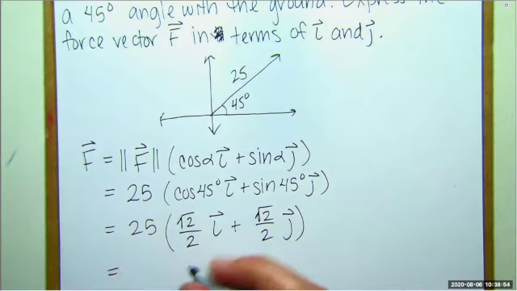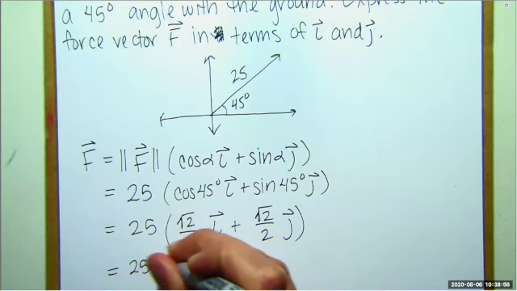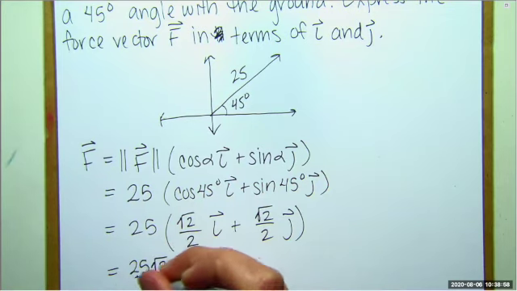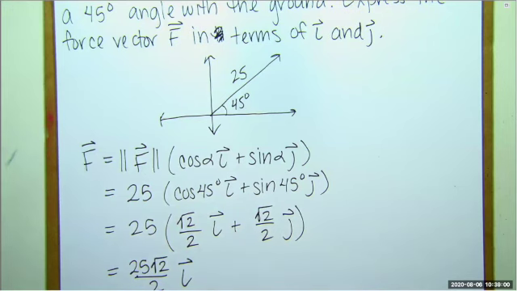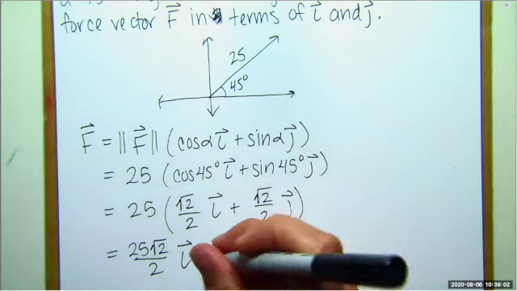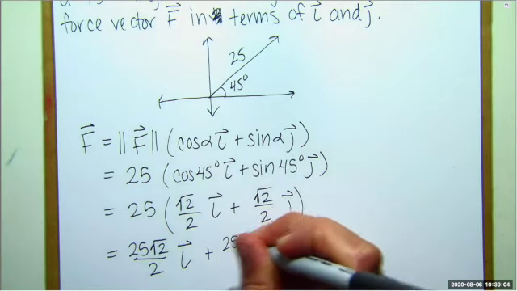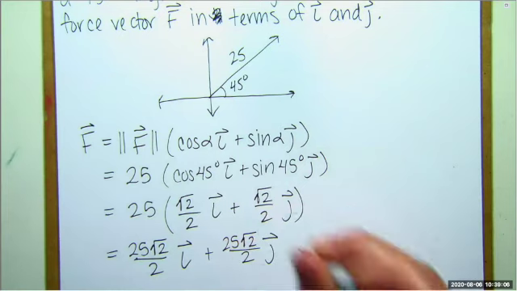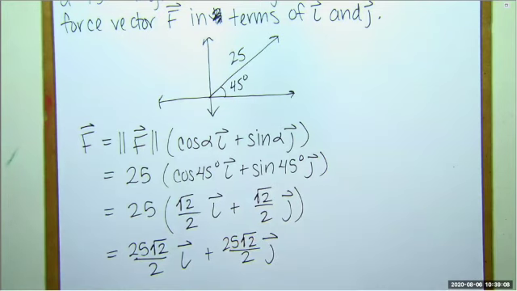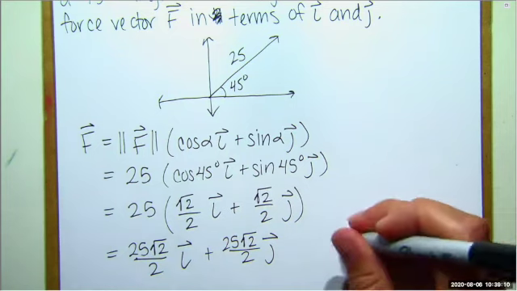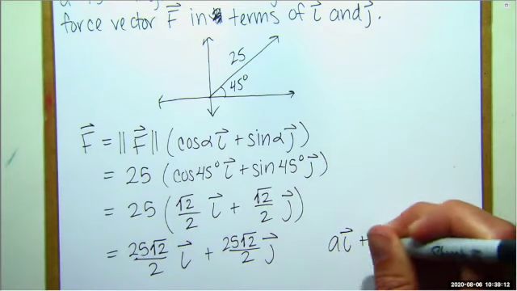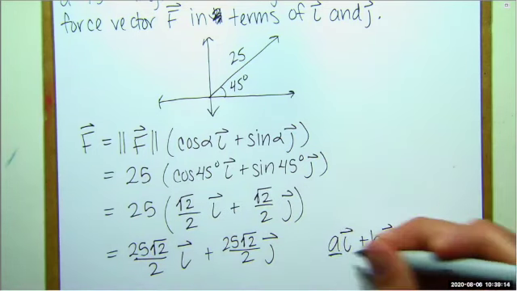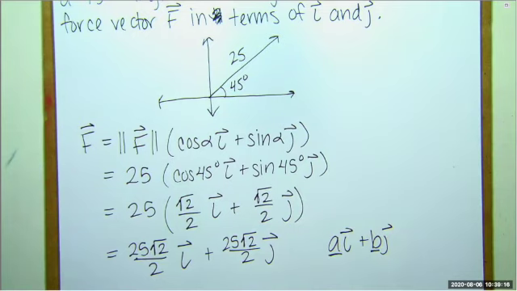Last step, multiply this out, so we get 25 root 2 over 2 I plus 25 root 2 over 2 J. Again, we should always put it in the form A I plus B J, so we want these coefficients out in front of the I's and the J's.